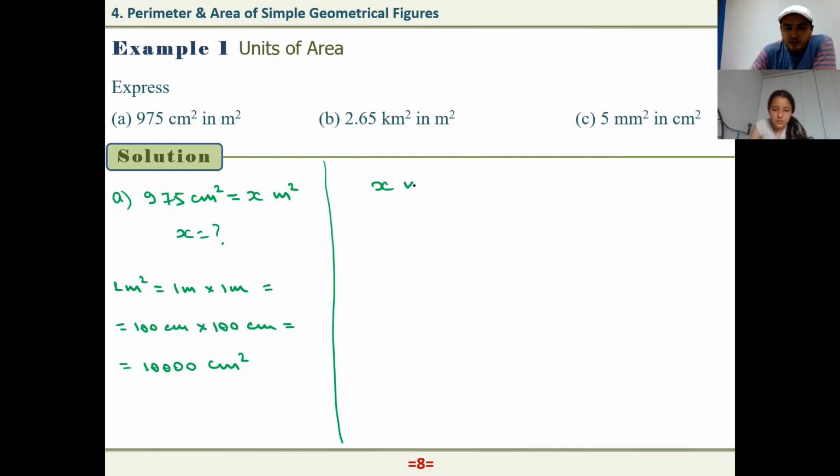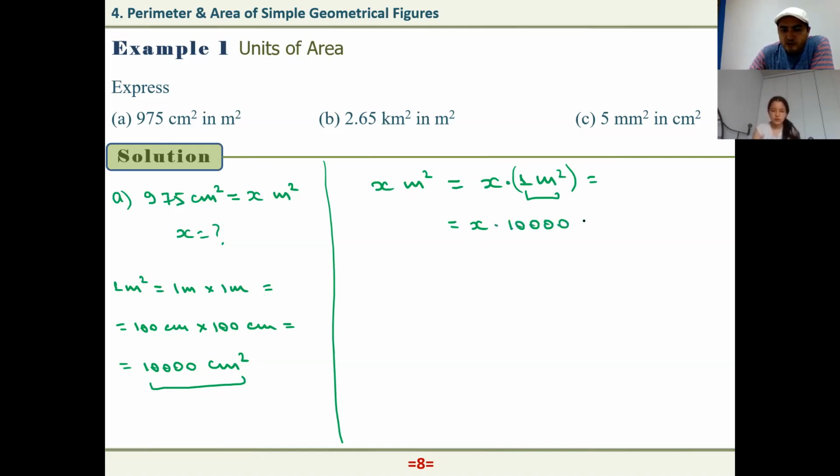This x meters squared is the same thing as x times 1 meter squared, equals x times... What is 1 square meter? From here, instead of 1 meter squared, I can use this one. So that's equal to x times 10,000 centimeters squared.